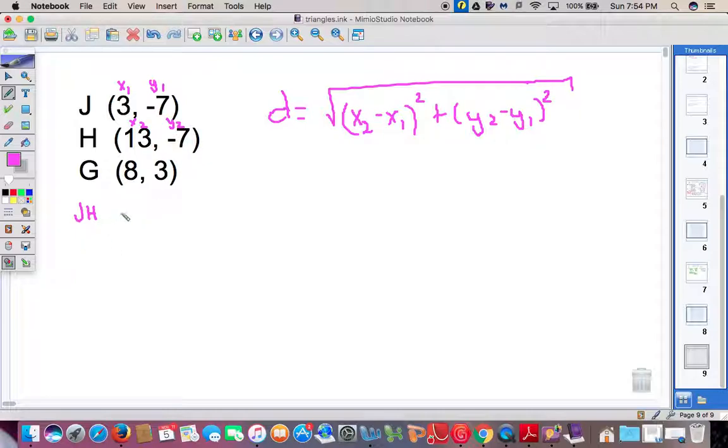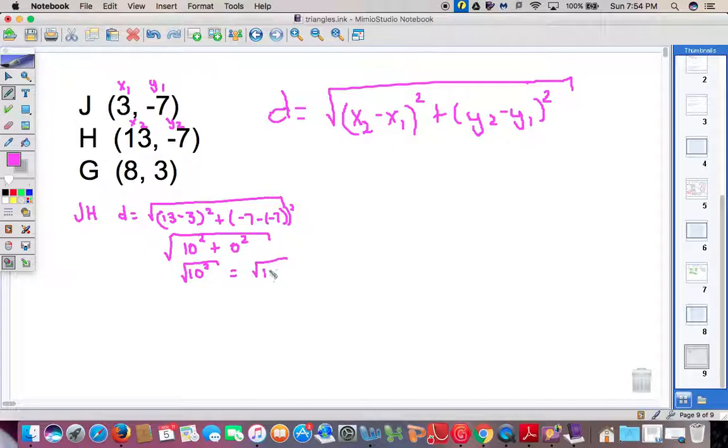If I'm looking for my distance between these 2 points, I have 13 minus 3, quantity squared, plus -7 minus -7 squared. 13 minus 3 is 10 squared, plus -7 minus -7 is 0 squared. So this would be the square root of 100, which is exactly 10 units.